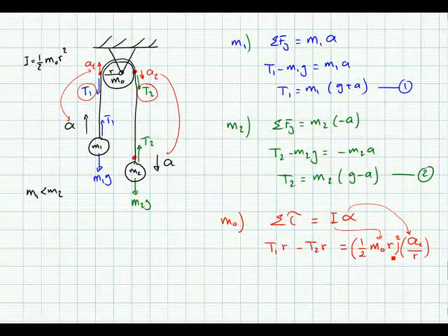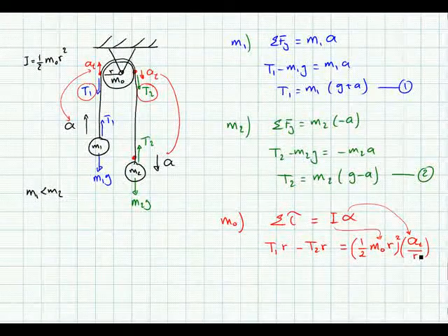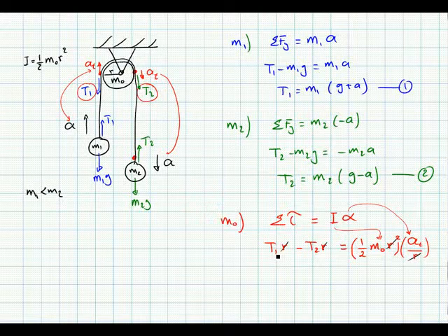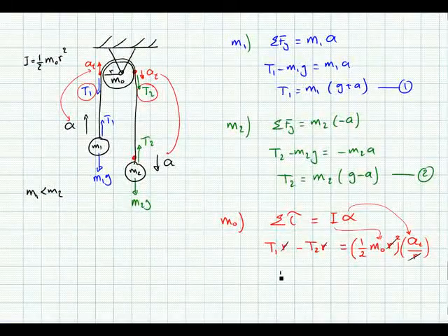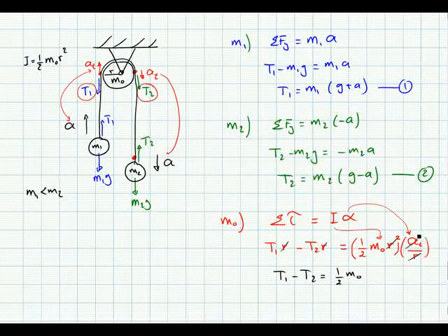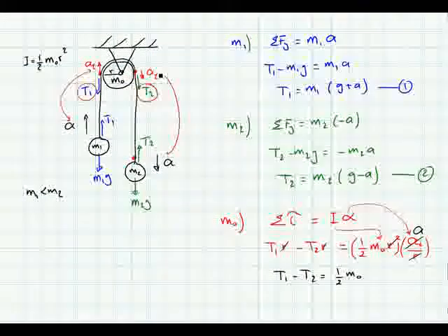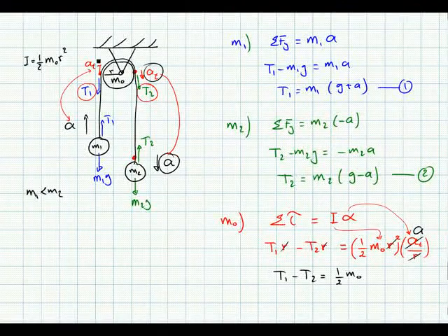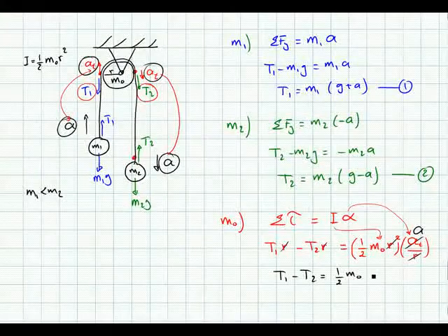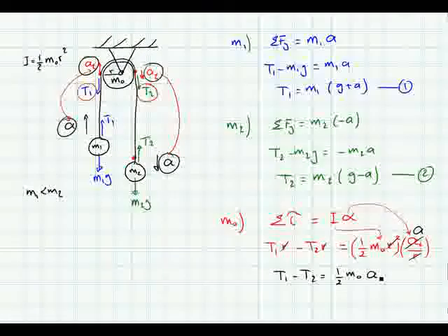So you see that, let me grab my black pen, this r and this r squared cancel with these r's, and we end up with T1 minus T2 is equal to 1/2 of m naught, and instead of at I'm going to write a. That's the argument that I used here, that the magnitude of the tangential acceleration of the string must equal the magnitude of the linear acceleration of the string where it's attached to m1 and m2. So we have m naught times a.